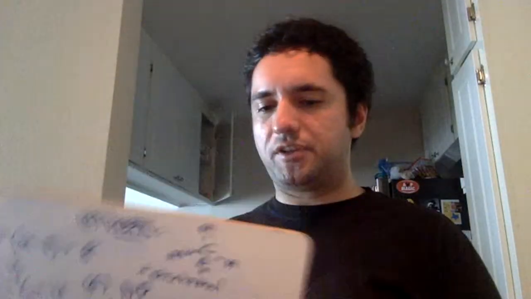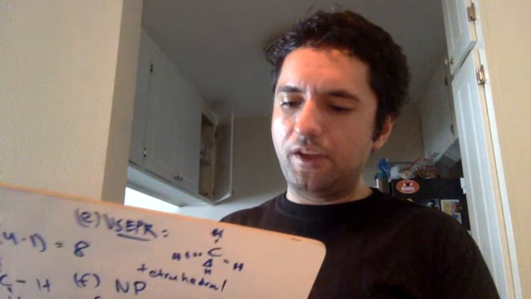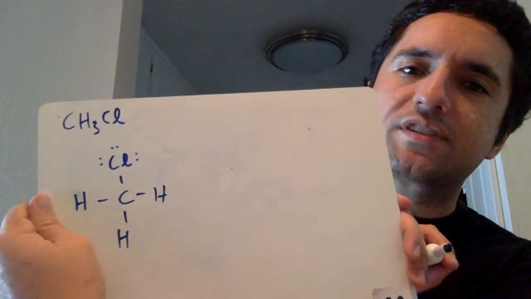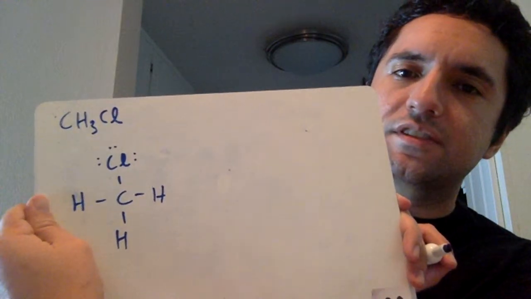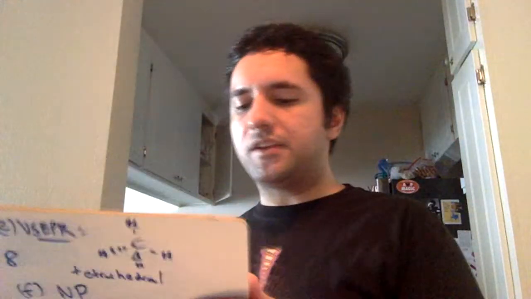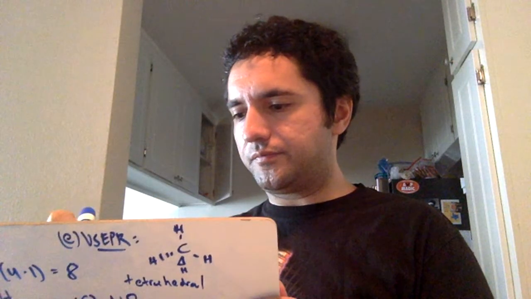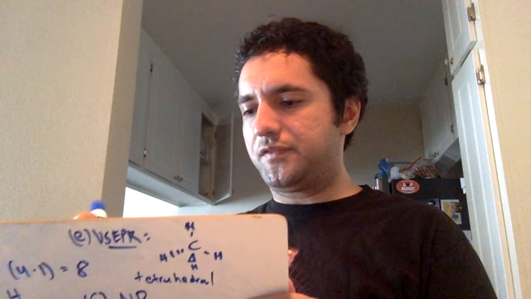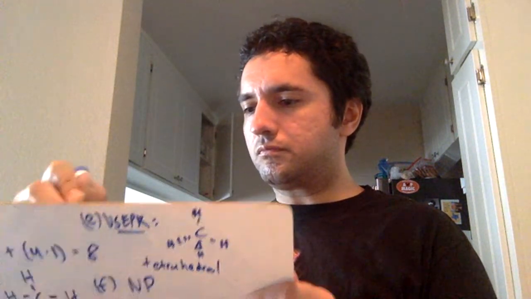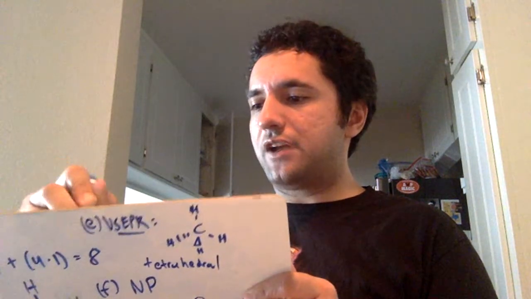For the VSEPR shape, kind of like before, it's an atom in the middle with 4 single bonds around it. So since it has 4 single bonds around it, it's going to be tetrahedral again. But in this case, it's what I was hinting at before. It's not surrounded by the same element.